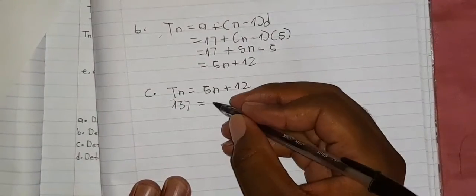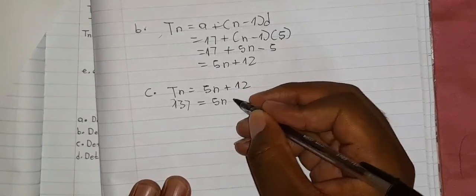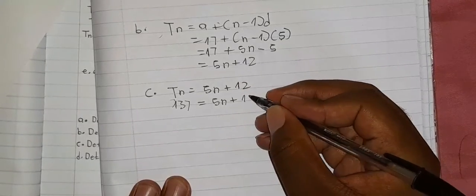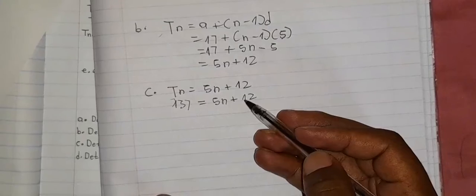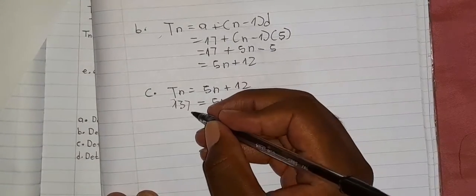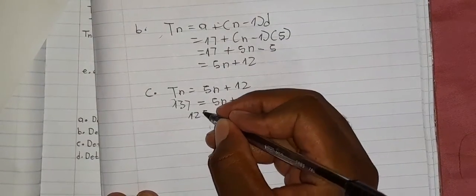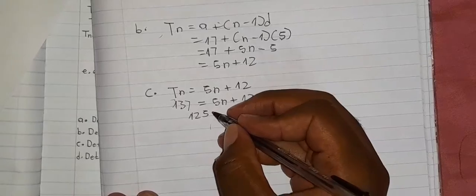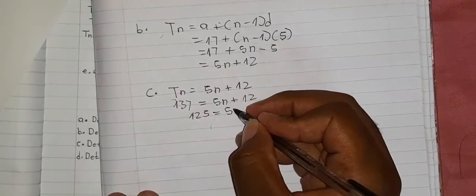So 137 is equals to 5n plus 12. I'm going to bring this 12 to this side, so it's 137 minus 12, which gives me 125, equals 5n.